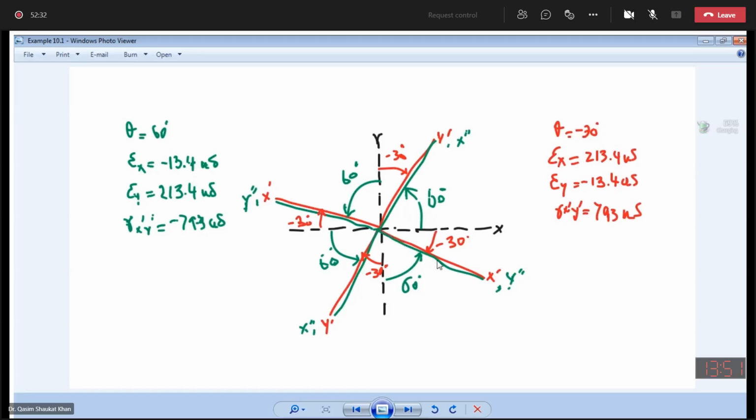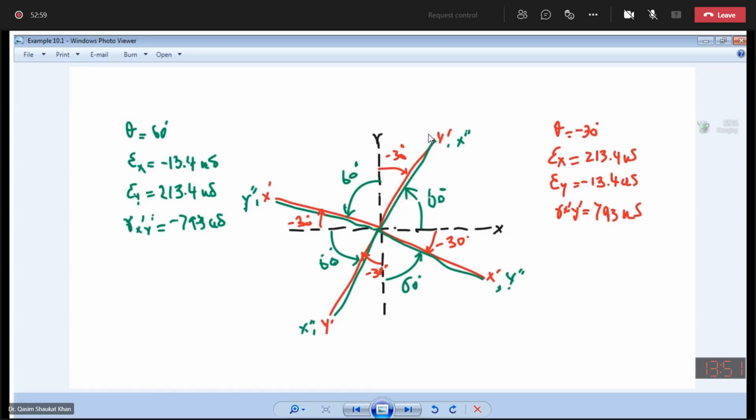Normal strain about the x dash axis, that is epsilon x dash, you have reported as 213 microstrains, and normal strain about the y dash axis, epsilon y dash, you have reported as minus 13.4 microstrains.